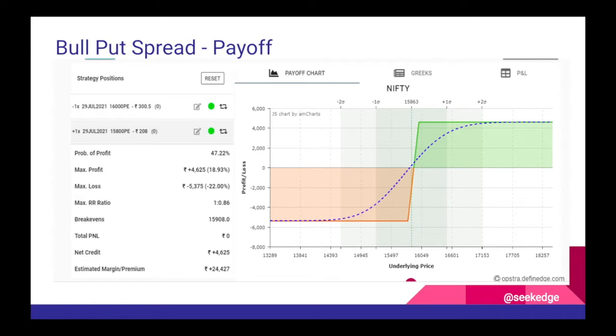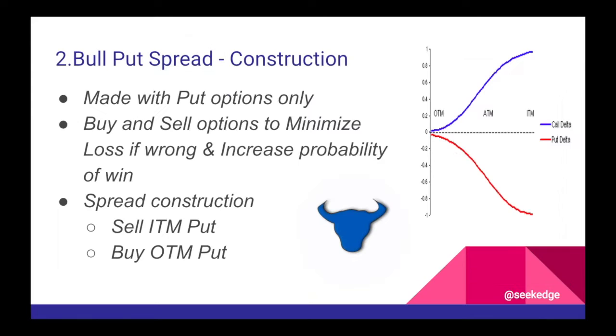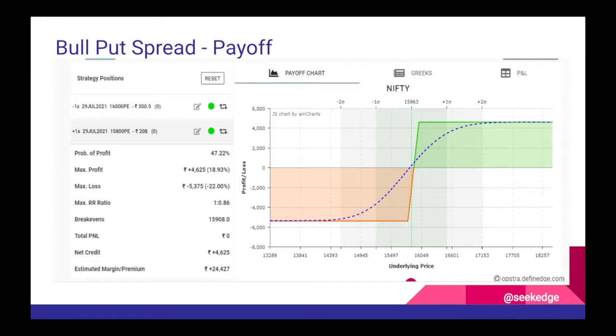So here is an example of a bull put spread. This is the payoff chart. What do you see here? The higher strike is actually sold, and the lower strike is bought. For a put, the ITM strike is 16,000, and the OTM strike is 15,800.